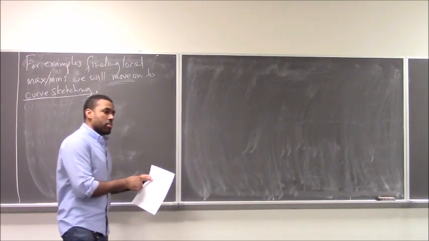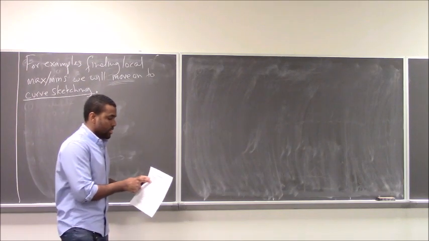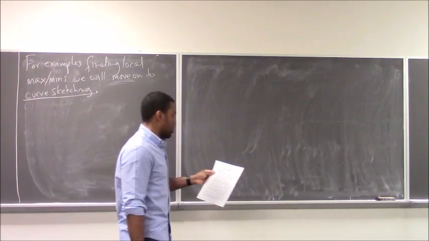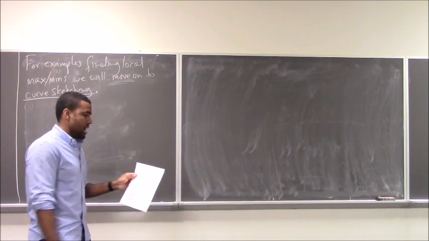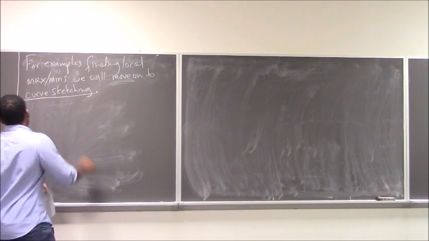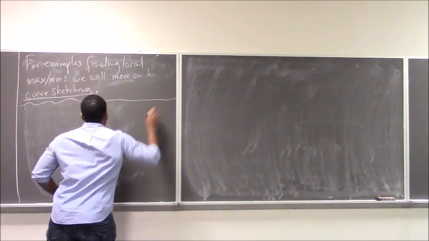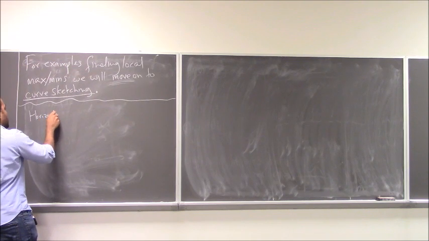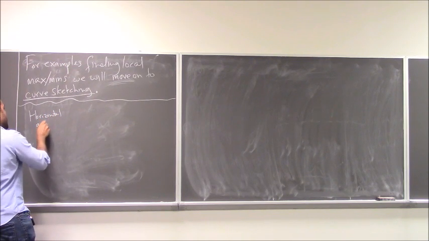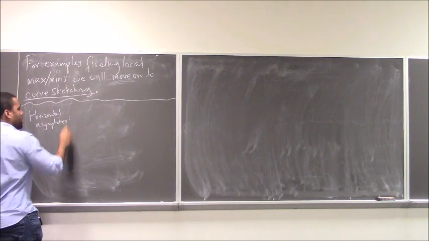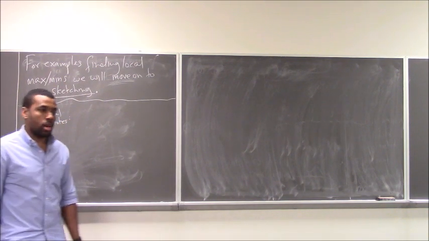You're also going to need to find asymptotes, and I define the two kinds of asymptotes that we care about. There are other kinds, but we'll only care about the horizontal and the vertical asymptotes. When you're talking about horizontal asymptotes, this is talking about some horizontal line that the function approaches as you're going off to infinity.